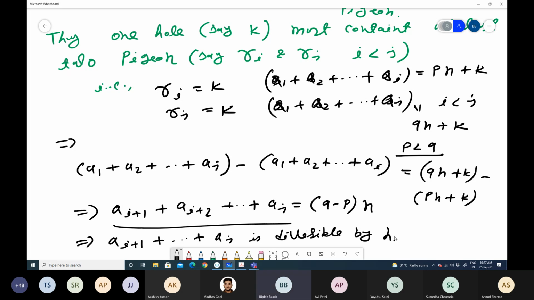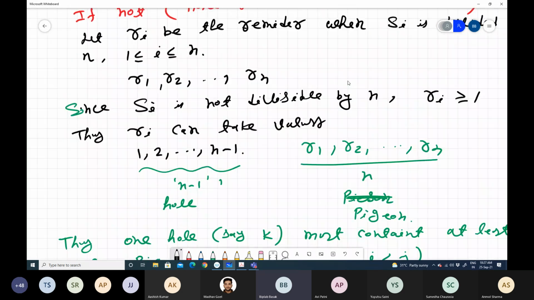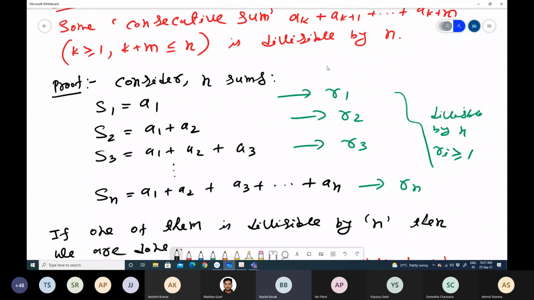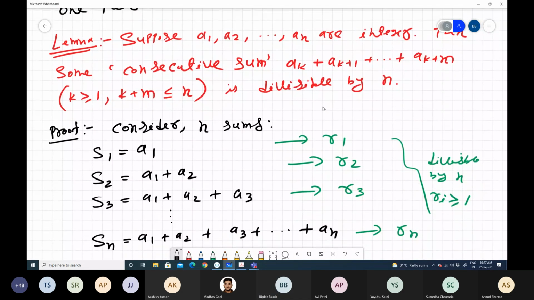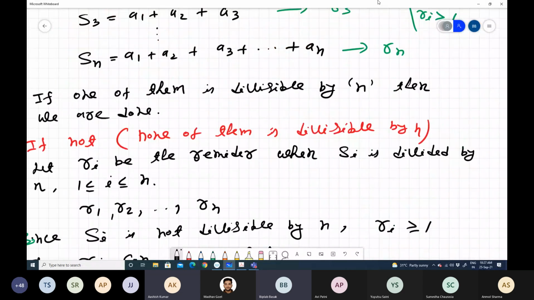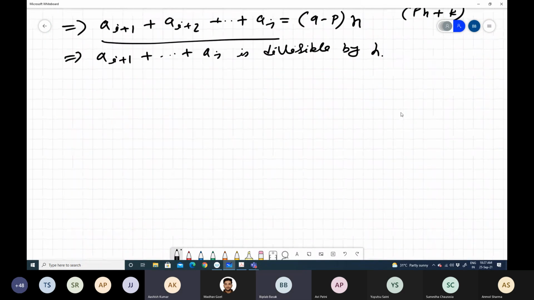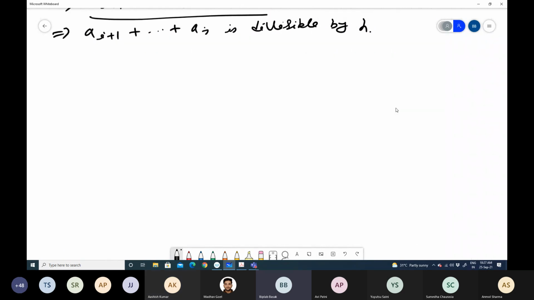So similarly, we can prove the Chinese remainder theorem as well. So this is one theorem, one lemma, and there is one. Have you heard about the Chinese remainder theorem? No, sir. Okay. The Chinese remainder theorem is a beautiful result in number theory or algebra.